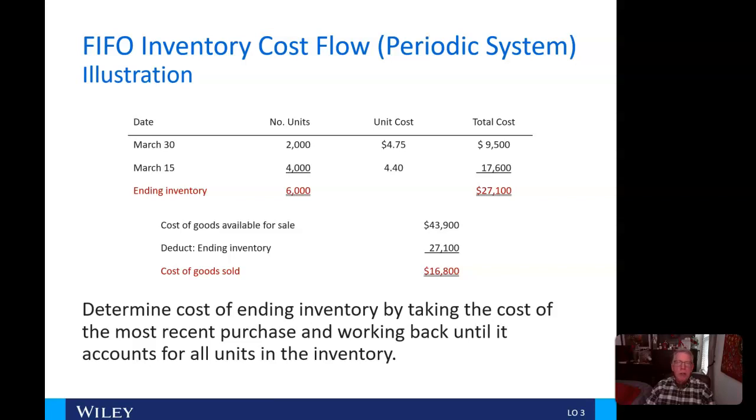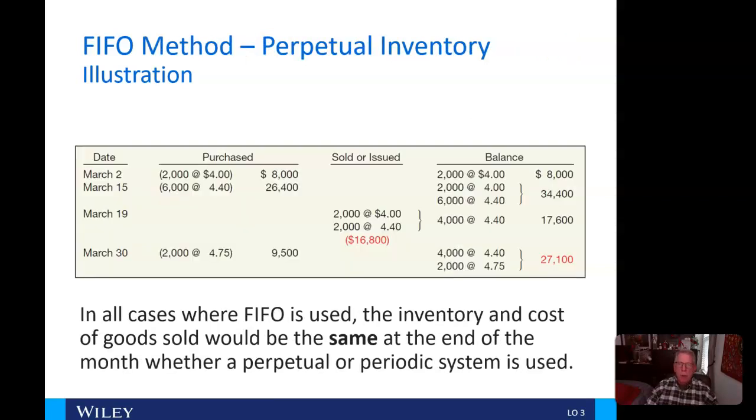Now, when we do it in a perpetual system, again, we do it row by row. So here, our beginning balance was 8,000 on March 2nd. Then we bought another 6,000 units here. So we bring this row down, we bring this purchase across, and that's our balance at that point in time.